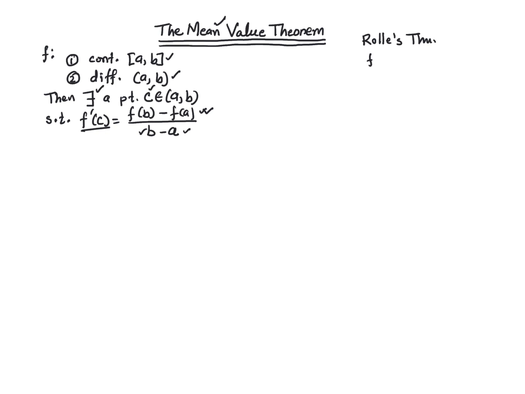So, if you have a function that's continuous on the closed interval ab, like this one right here, and differentiable on the open interval, exactly the same conditions as the mean value theorem, right? However, with an additional condition that f of a is equal to f of b. That means the function values are the same at the boundary points b and a.